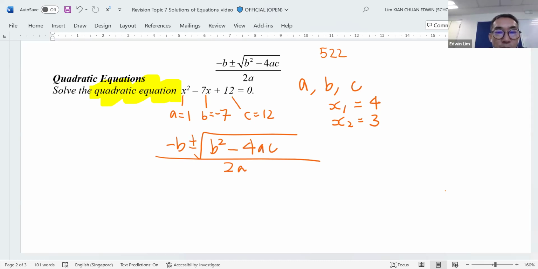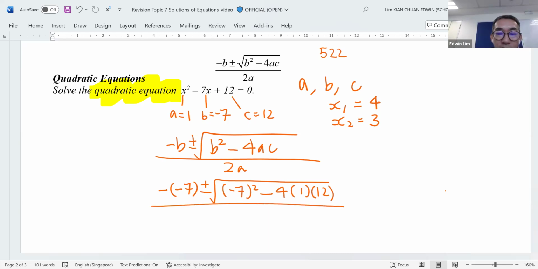But please remember sometimes the number has a negative, so it's not negative 7 straight away. It's supposed to be negative, negative 7, plus minus square root of negative 7 squared minus 4, A is 1, C is 12, over 2.